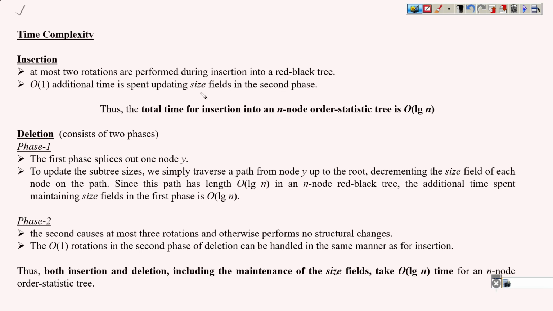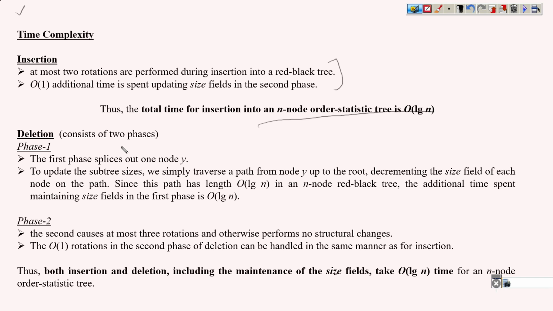So we are spending only constant additional time to maintain the new structure. It is not going to change the running time of the insertion operation, so insertion in the new tree is still log n.